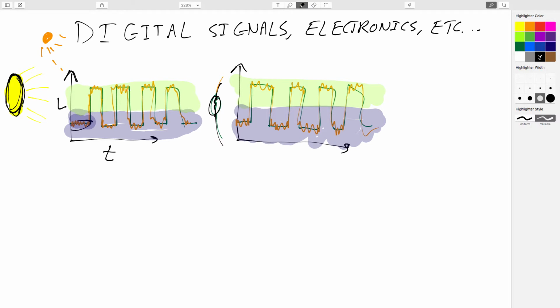Digital signals at the end of the day are really just derived from analog signals. It's a different way of reading and generating analog signals, where you care less exactly about the amount and more just, is it within a certain region?